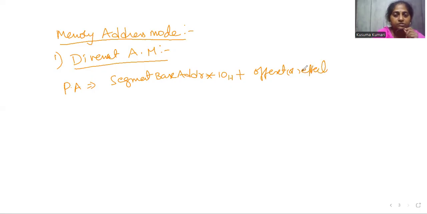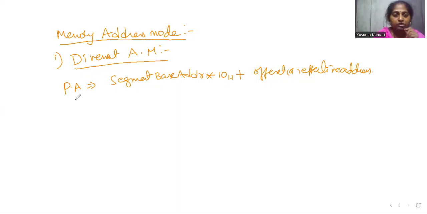But in the instructions, we mention only the offset or effective address, because by default the segment base addresses are available in the segment registers, as we discussed in memory segmentation. So in the instructions, we need to specify only the effective address, not the segment base address.